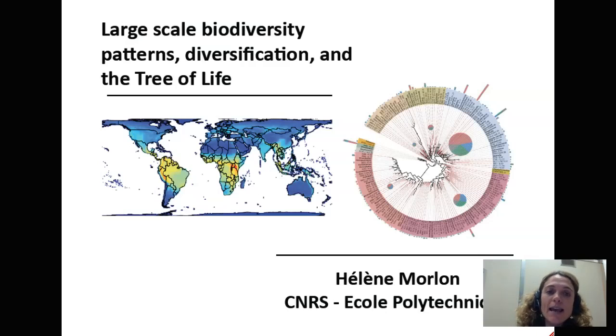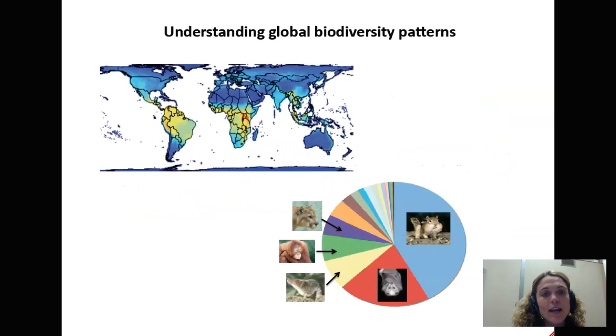Okay, so as ecologists and evolutionary biologists, we are really interested in understanding global biodiversity patterns. We are interested in understanding why we see so much heterogeneity in the way that species richness is distributed both on the surface of the earth and on the tree of life. So we'd like to understand why we have on the planet some places that are hotspots of diversity, and why we have some clades where we have many species and others where there are only few.